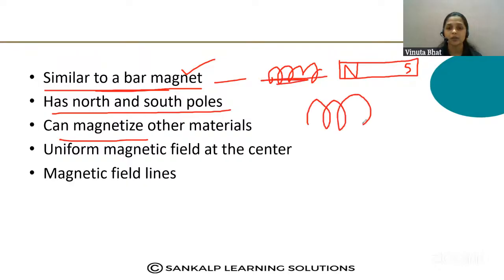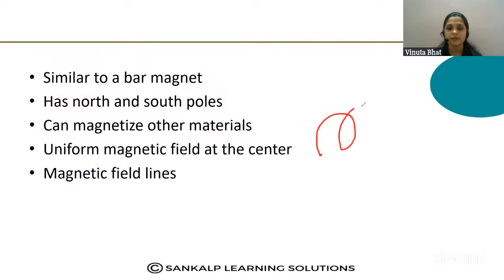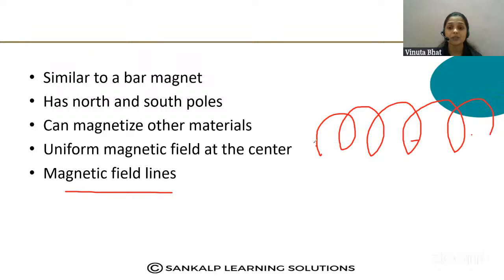This solenoid is used to magnetize other material. So to magnetize the other material, it has a uniform magnetic field at the center. The magnetic field is uniform at the center, and they also have magnetic field lines, which are imaginary lines.